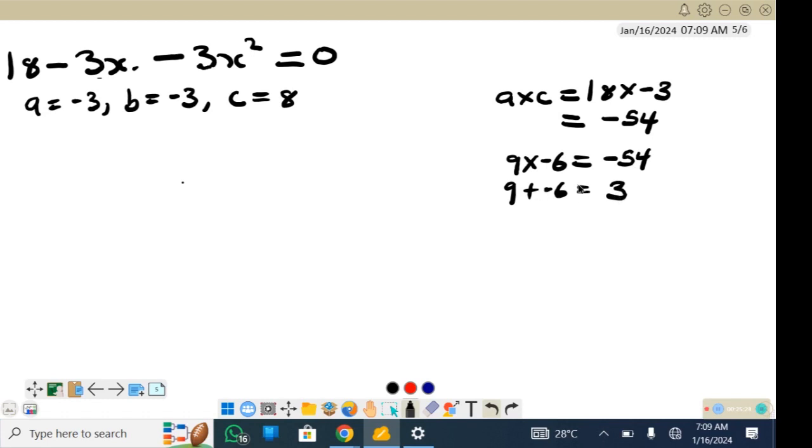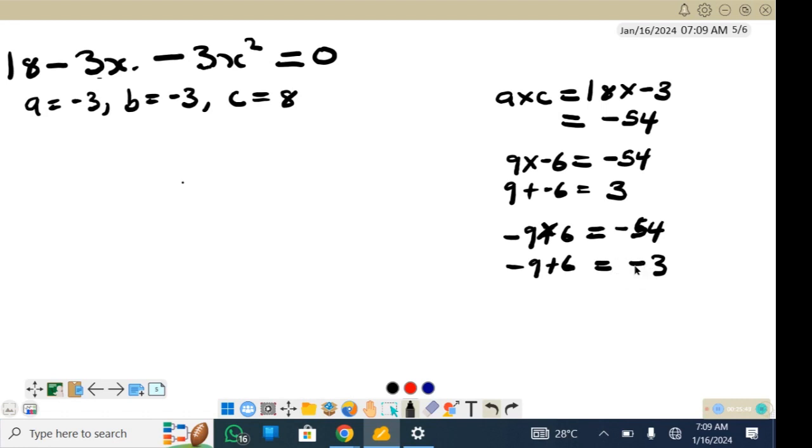So what I explained in the last example is that you change the sign of the two numbers. That means minus 9 times 6 will give you minus 54, and minus 9 plus 6 will give you minus 3.